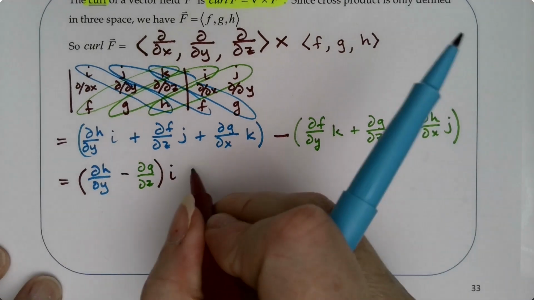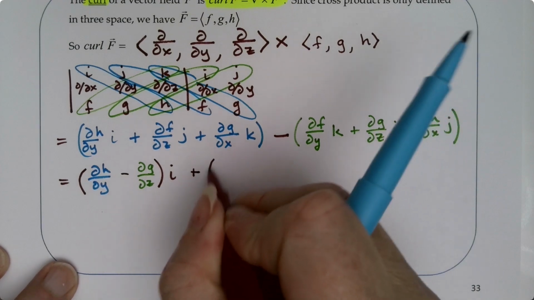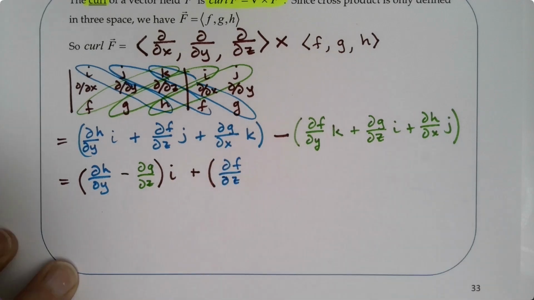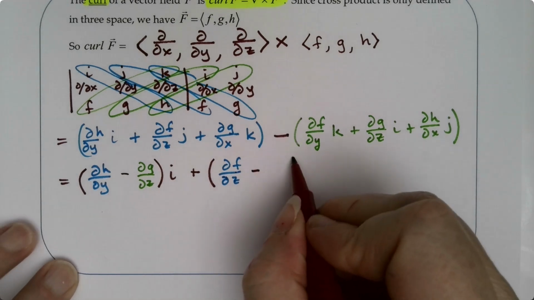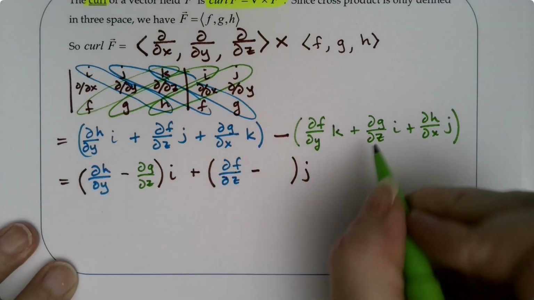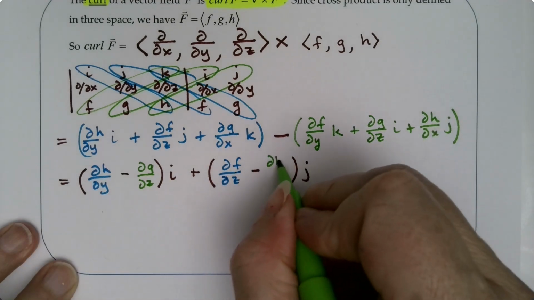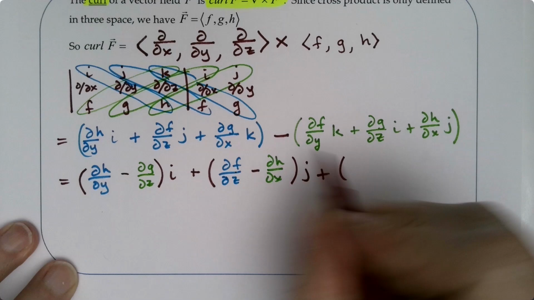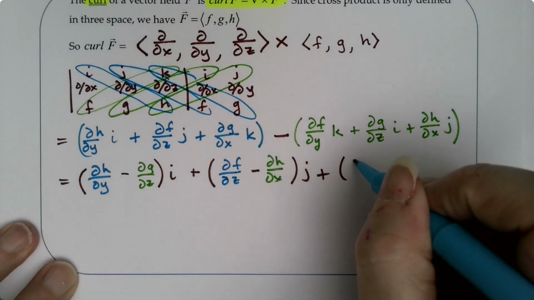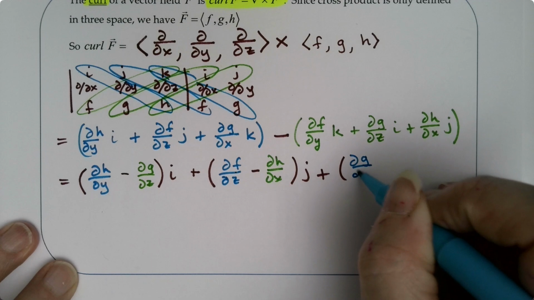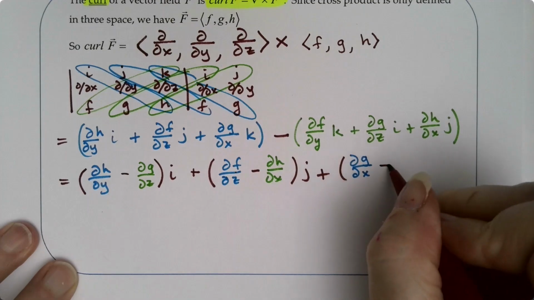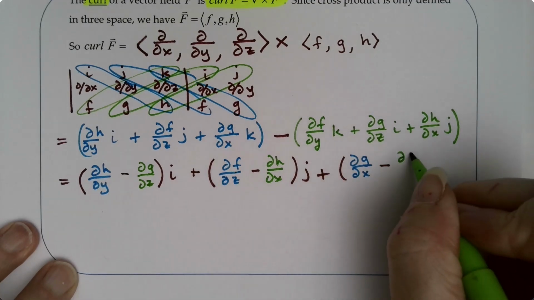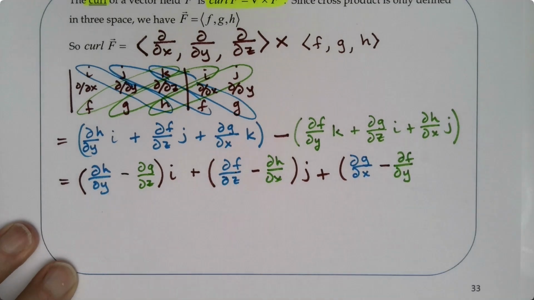Then plus the partial f with respect to z minus the partial h with respect to x, this will be in the j component. Plus, last one, the partial g with respect to x minus the partial f with respect to y, in the k component.